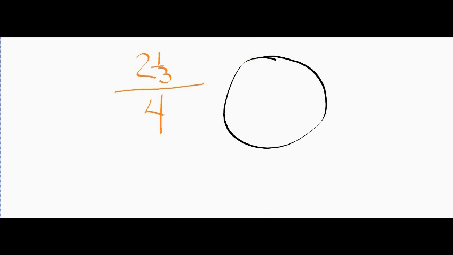Anyway, in a compound fraction, you have a fraction in the numerator, or you have a mixed number in the numerator. So it would be like 2 1/3. What that means is you have your shape that is divided.